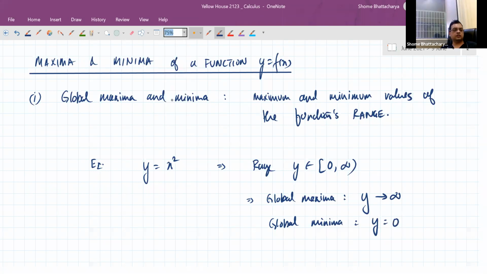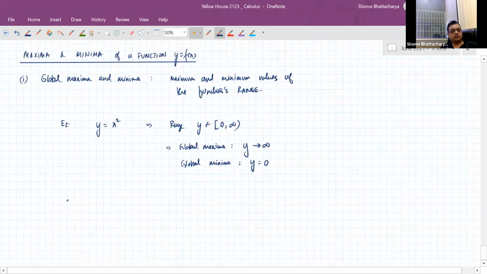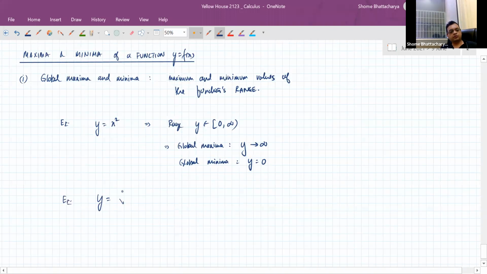Similarly, we had the function y is equal to square root of 4 minus x square. Okay, now we can see that for this the range is between 0 and 2. Okay, because the largest value of the quantity inside the square root is 4. So y never goes beyond square root of 4, and the smallest value is of course 0.